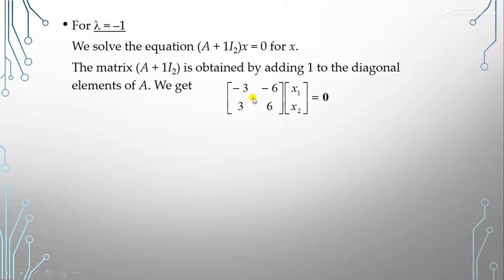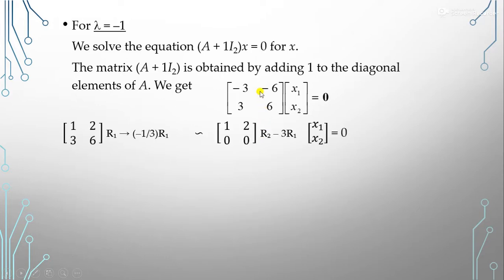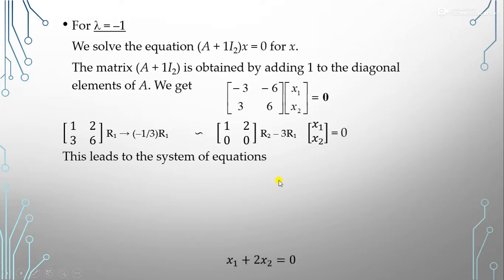Here we can easily see that from these two rows, one row becomes 0. You know very well how to use row operations and reduce the rows. So when we use these operations, we get that R2 becomes 0. Now our linear equation becomes x1 plus 2x2 is equal to 0.